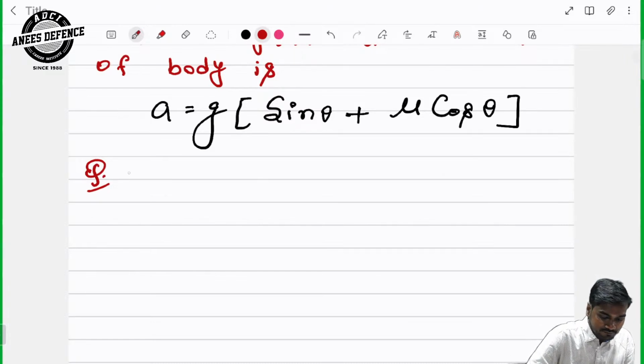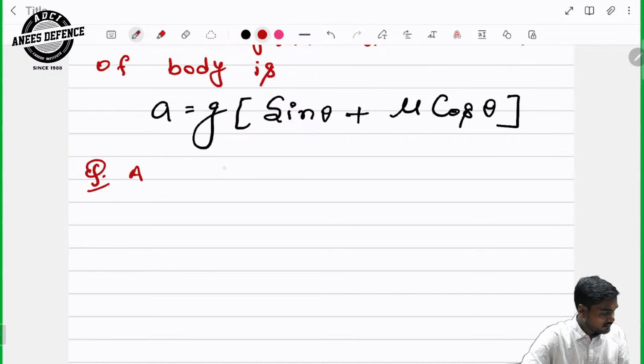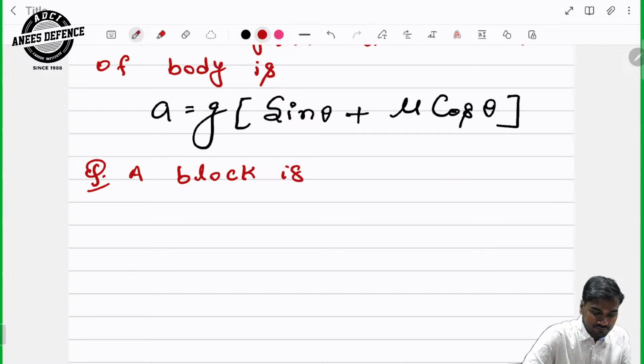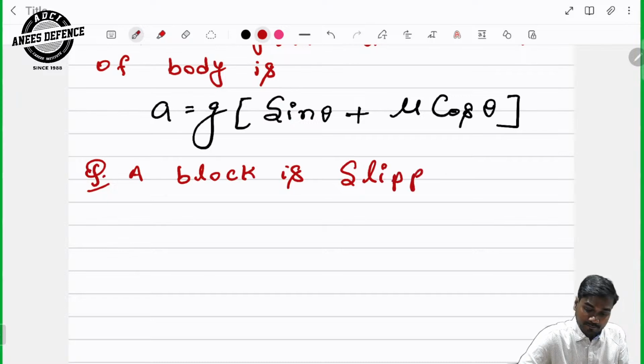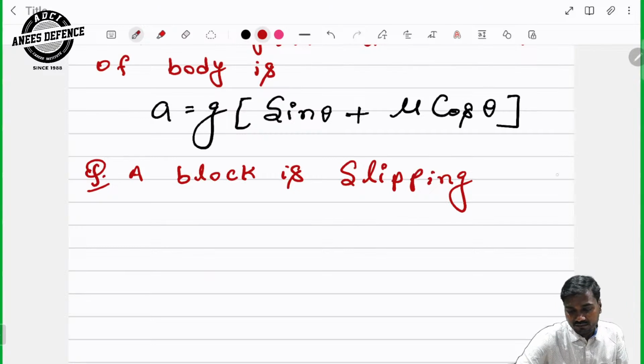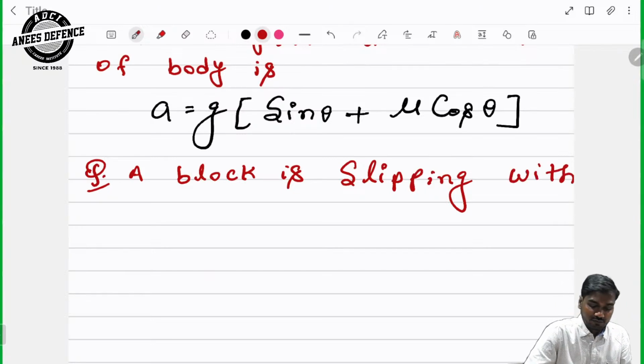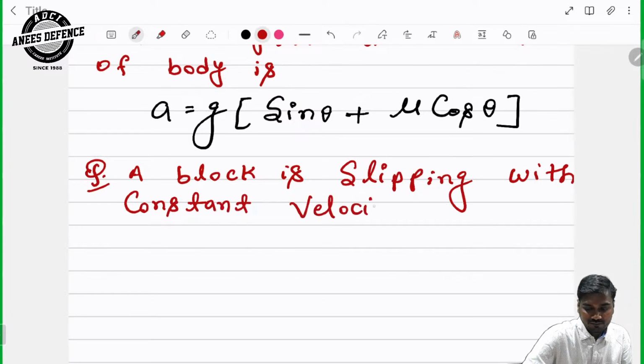A block is slipping with constant velocity on an inclined plane.